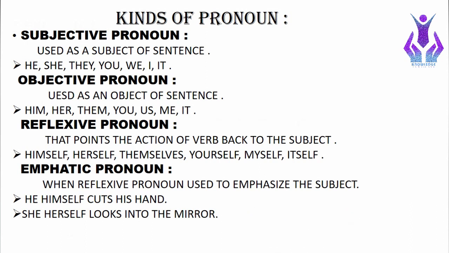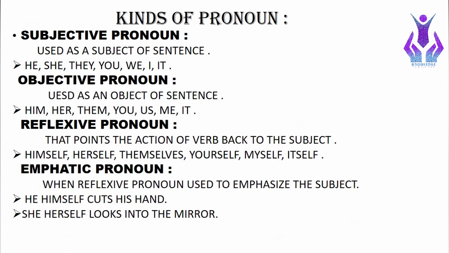A reflexive pronoun points the action of the verb back to the subject. It is used when subject and object are the same person. For example, himself, herself, themselves, yourselves, myself, itself, and these. The next is emphatic pronoun.